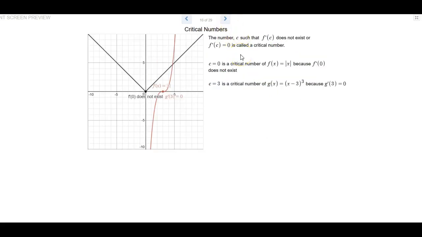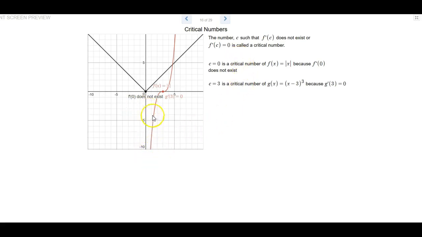This gives us the definition of critical numbers, and you may be familiar with these from pre-calculus and other contexts. A number c such that the derivative evaluated at c is 0 or doesn't exist is called a critical number of the function. That's because things will be happening on the graph at those values.